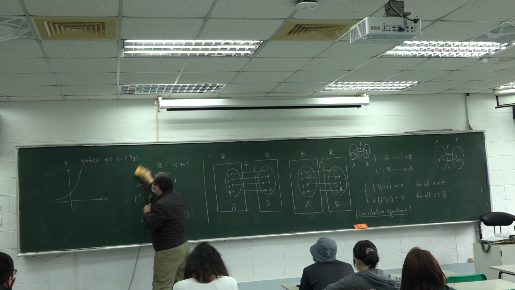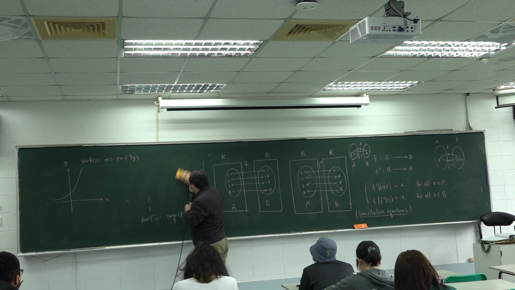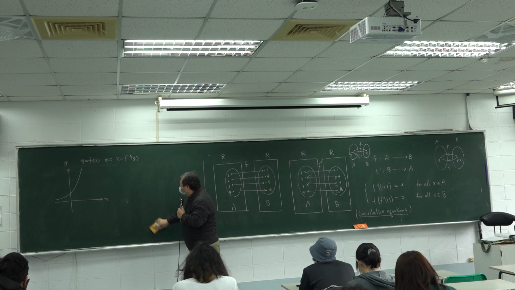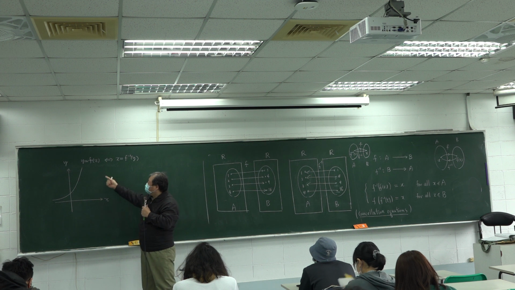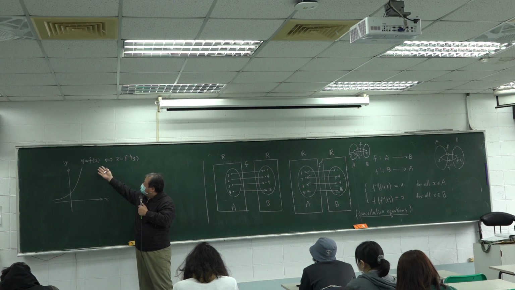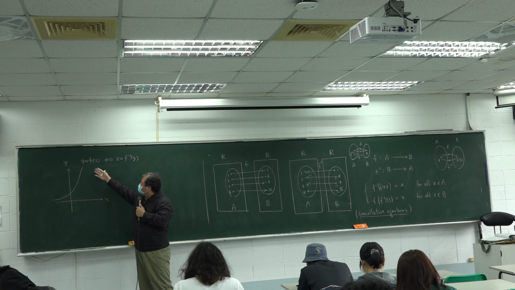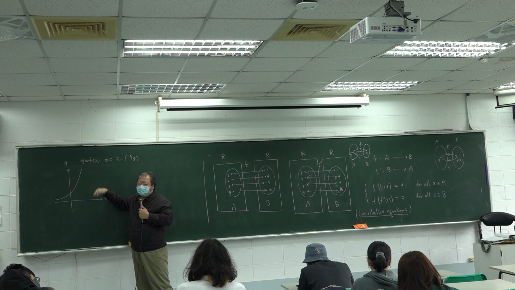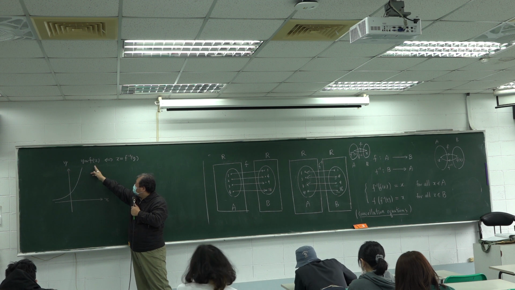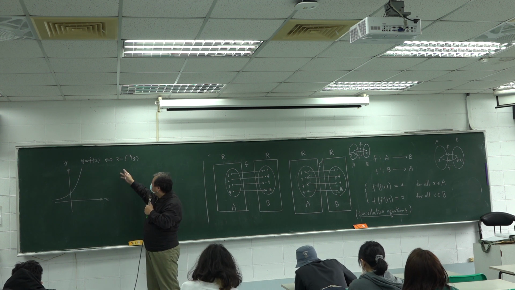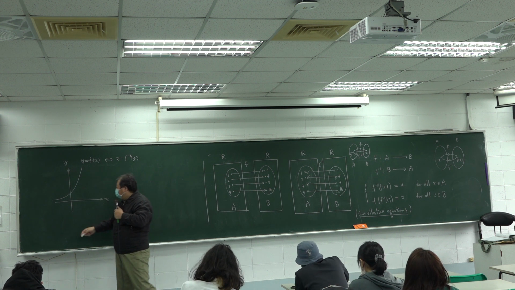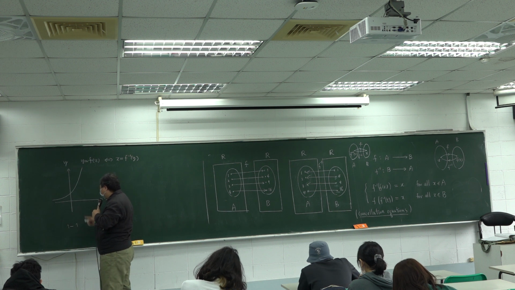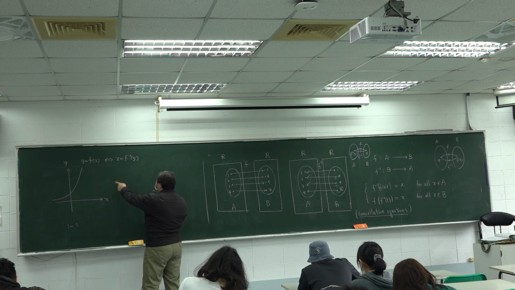So this curve, if it is a graph of a one-to-one function, has two expressions. One is y equals f of x, y regarded as a function of x. Also, under the one-to-one assumption, x is also a function of y.